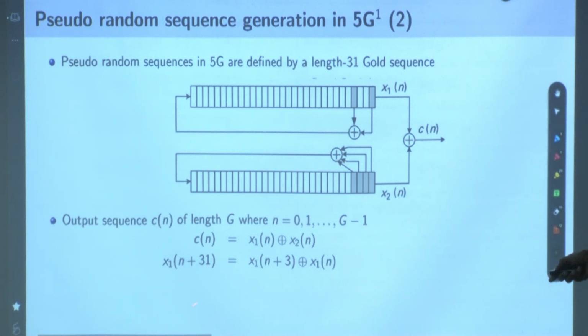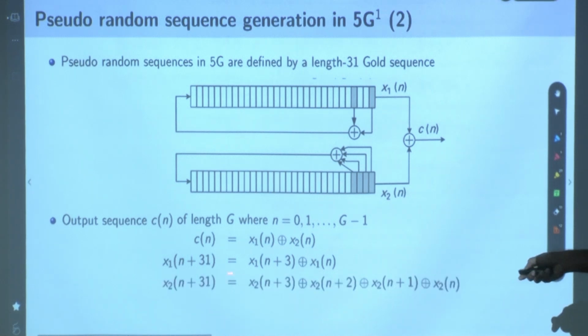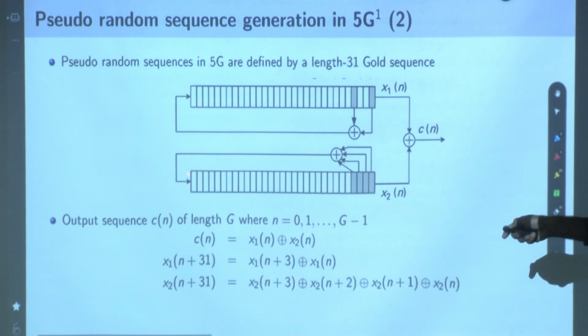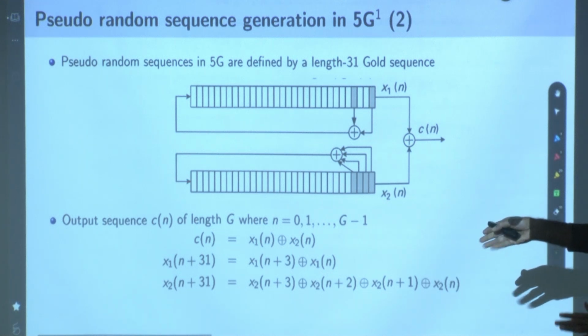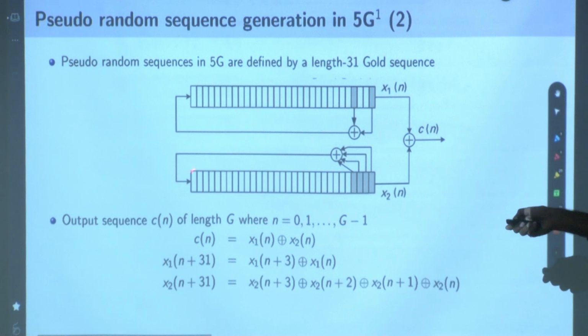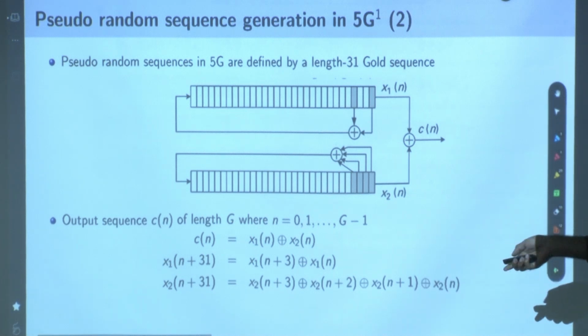Look at this x2 of n plus 31: you take x2 of n, n plus 1, n plus 2 and n plus 3, XOR them, push the values, and write the newly generated value over here. The old values get lost, and the new value gets written over here, because you are pushing it. So that's how you generate this.